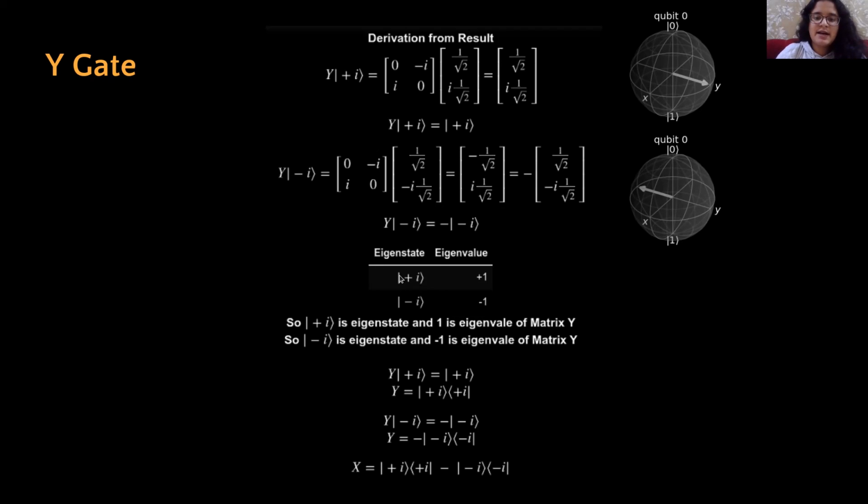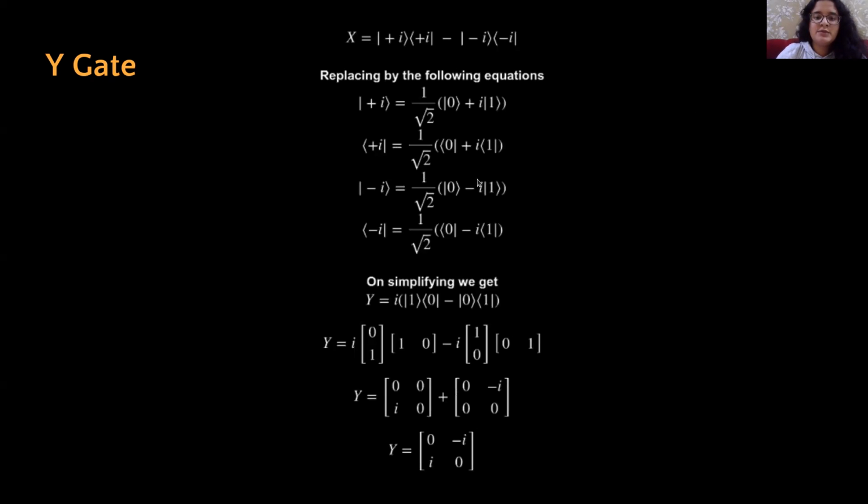So these are the eigenvectors and the eigenvalues. And following a similar process, we ultimately get the expression for Y gate. And when we put the values of the expressions used in this equation, then we simplify it, we get something like this, and ultimately we get our Y matrix as we want it to be and as is expected.